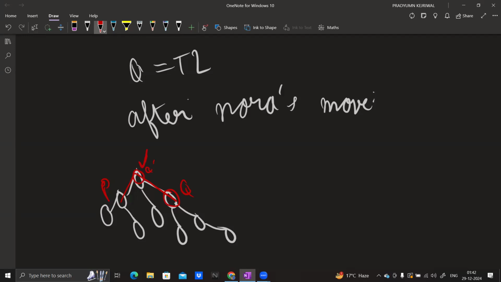Yes. And we want this node to be type 2. Do you get that? Like after Nora's move, this snake will move from here to here. So this node will become the new Q.